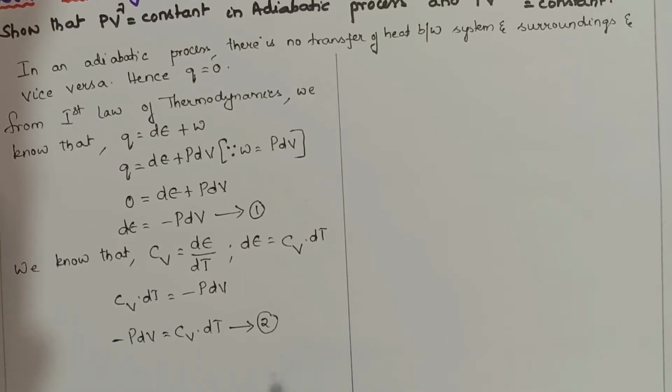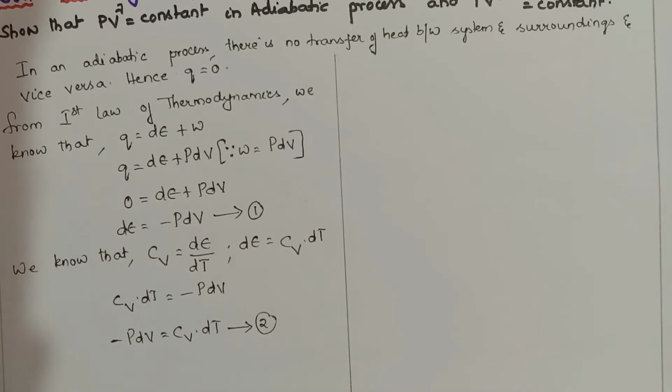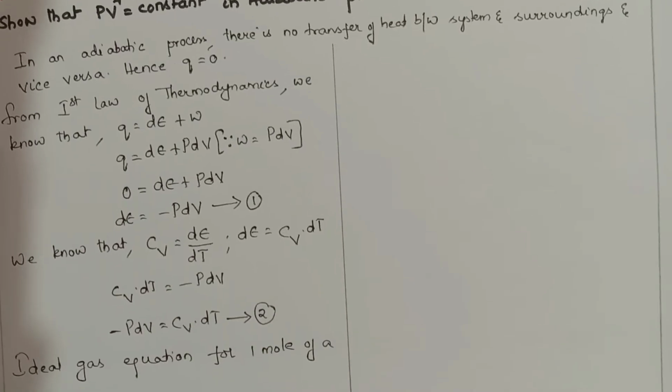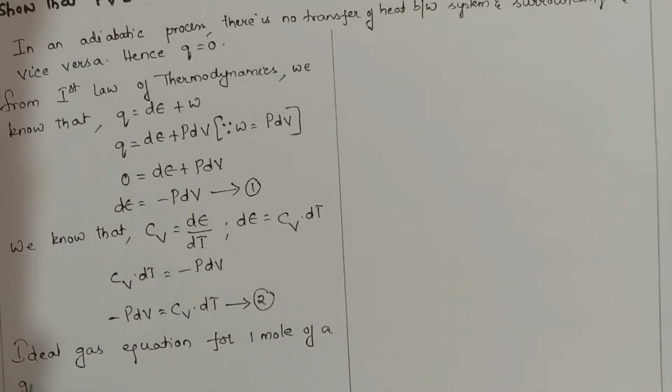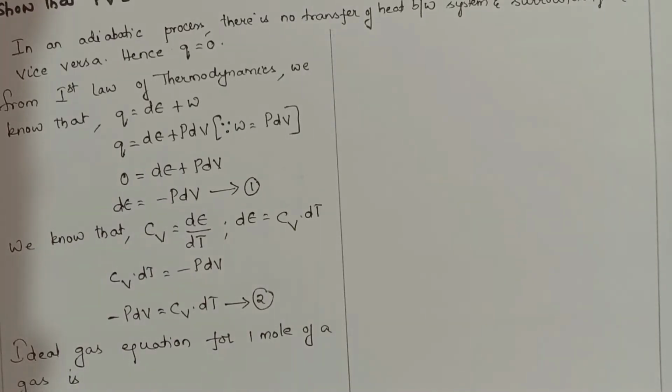Fine. Now, below this one, you please write down ideal gas equation. Ideal gas equation for 1 mole of a gas is, now you should tell me, what is ideal gas equation for 1 mole of a gas?